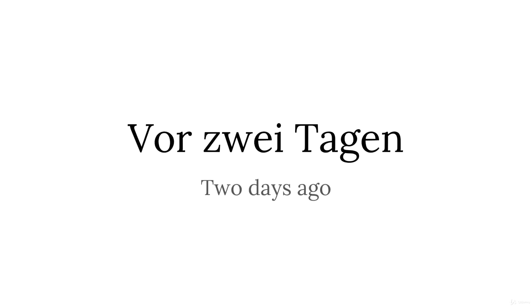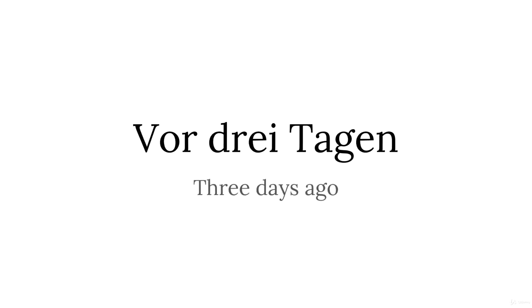Vor, which is replacing ago in this case. And it goes like this. Vor 3 Tagen, vor 4 Tagen, and so on. As you can see here, 3 days ago would be vor 3 Tagen.